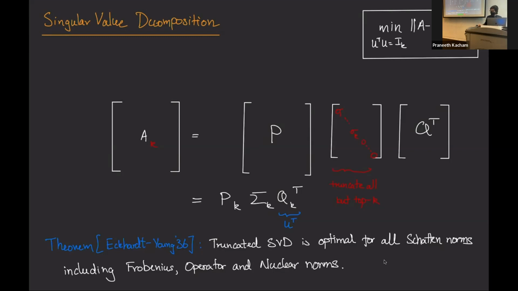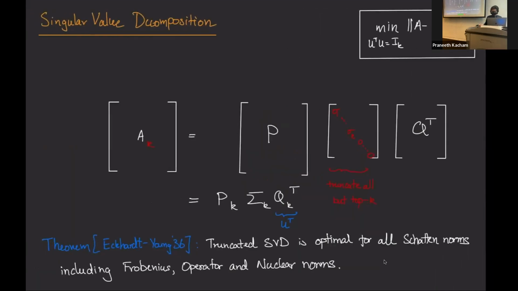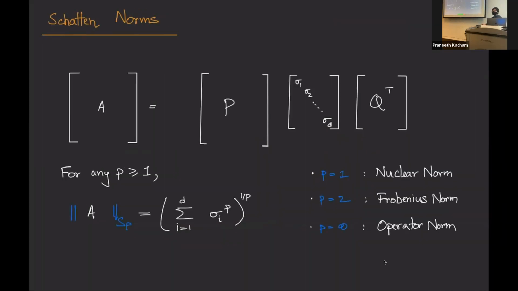Okay. So let me define Schatten norms; the norms that I mentioned, like the nuclear norm, the Frobenius norm, and operator norm will be special cases of these. So let's recall the singular value decomposition. Now the Schatten norm is just to take the diagonal of the diagonal matrix, which is the singular values, and look at the L_p norms of this.